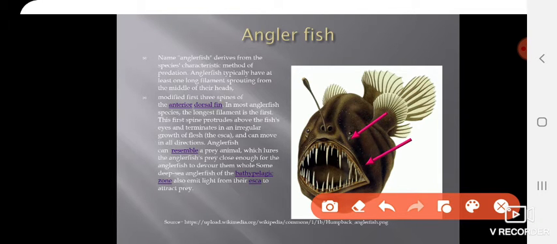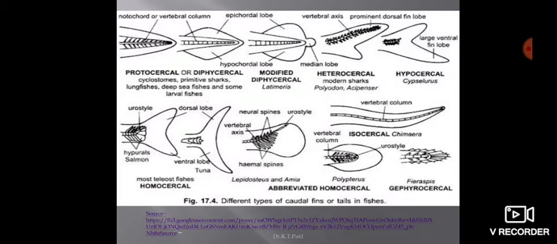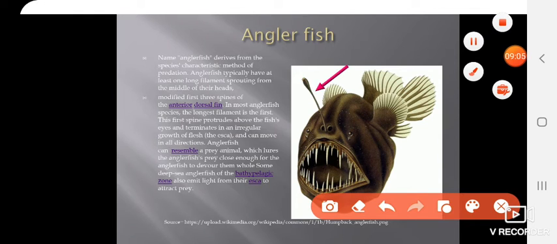And see the modification of fins. In this fish, their first dorsal fin is a highly modified structure.